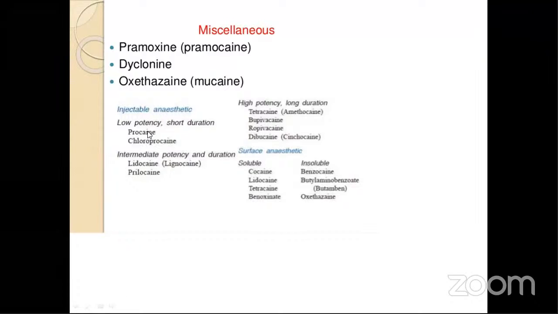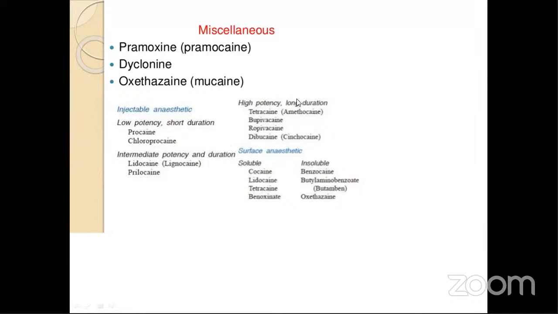Then intermediate potency and intermediate duration: you have lidocaine and prilocaine.